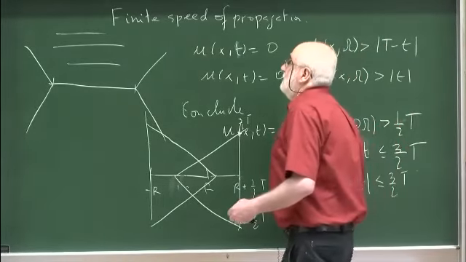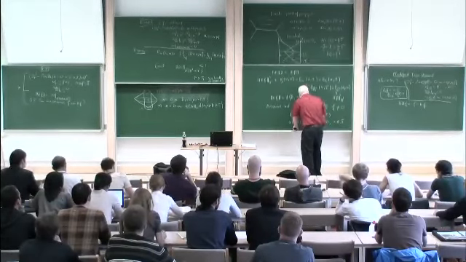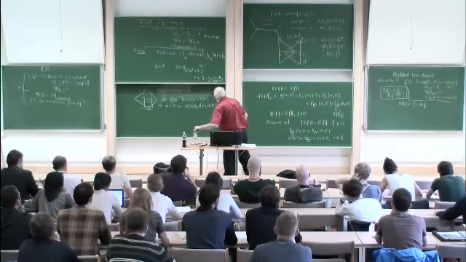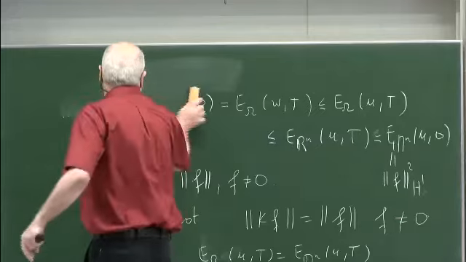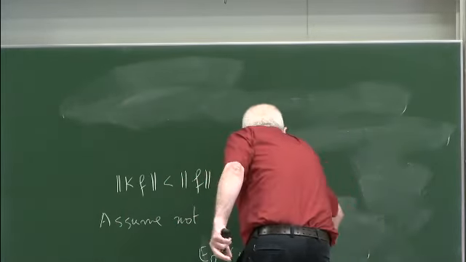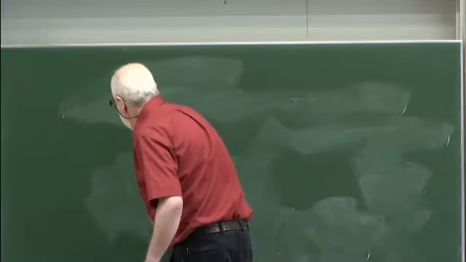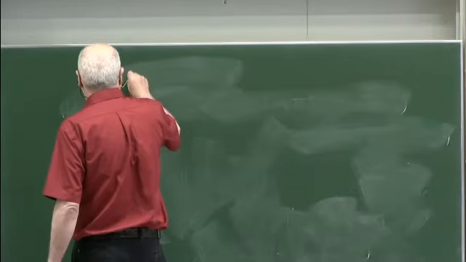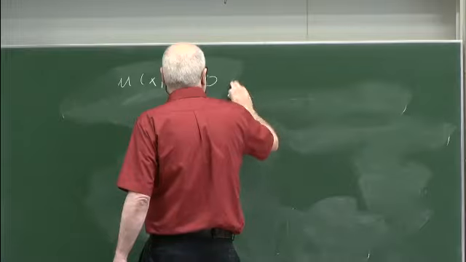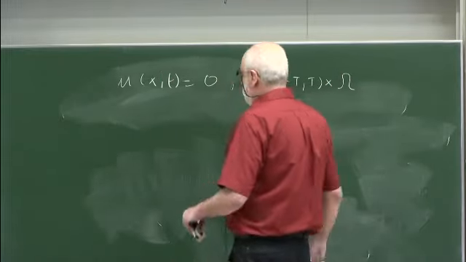Unfortunately, I don't have enough time. I wanted to leave the formulas there. So this implies that u is in fact 0 on omega cross omega.